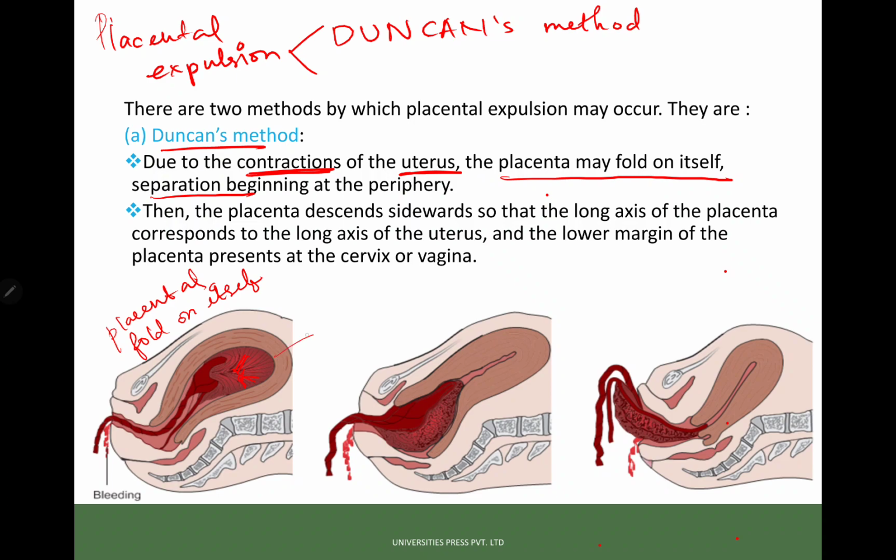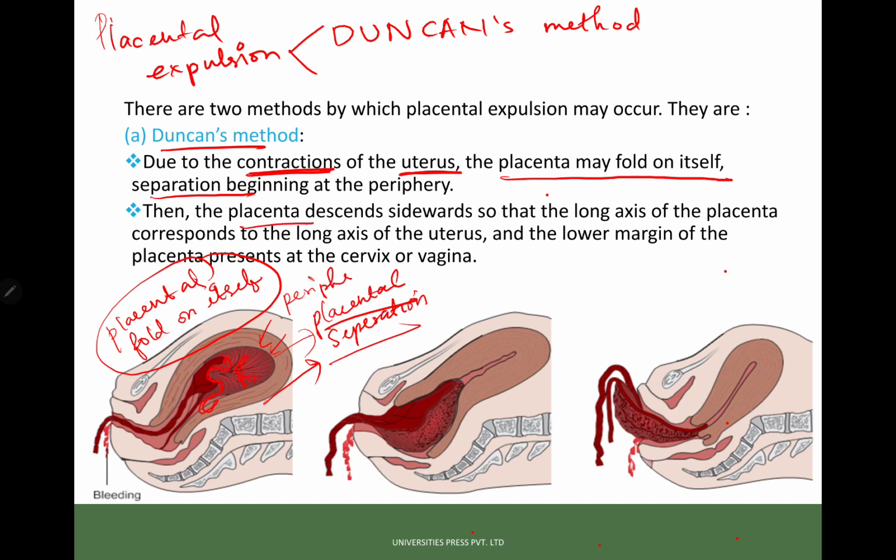So this is the process of placental separation, guys. In placental separation, what happens? The placenta will fold on itself due to uterine contraction, and because the placenta folds on itself, it will be separated, and this begins from the periphery.